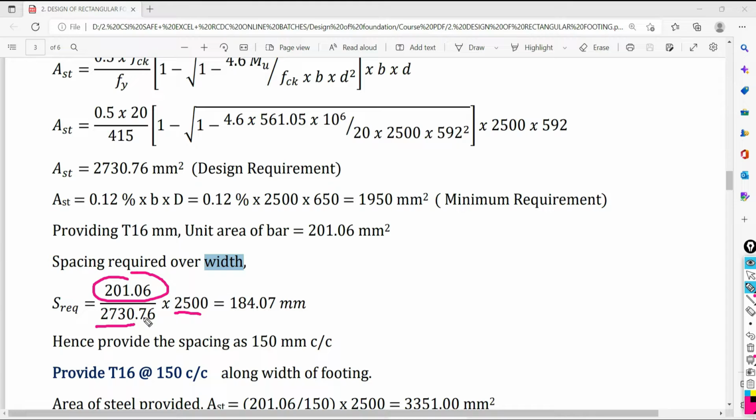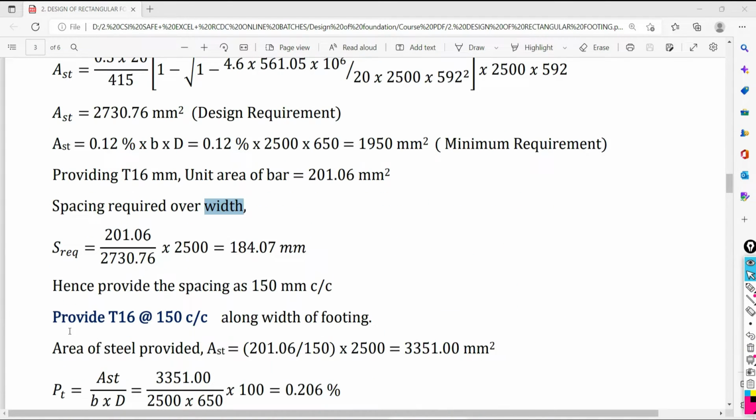So here the spacing required is 184.07 mm. If we round this value down by 25 mm, the spacing that we have to provide is 150 mm center to center. So provide 16 mm dia at a spacing of 150 mm center to center along the width of the footing over the length.